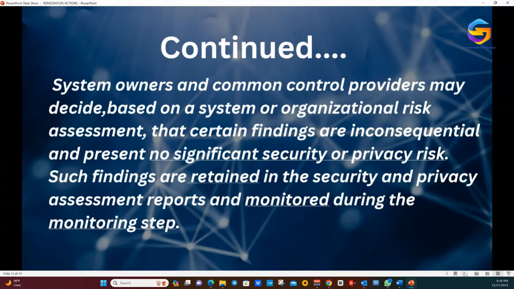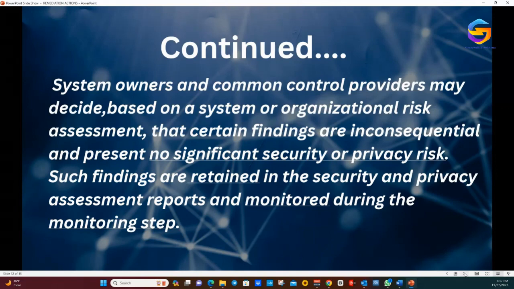System owners and common control providers may decide based on a system organizational risk assessment that certain findings are inconsequential and present no significant security or privacy risks. Such findings are retained in the security and privacy assessment report and monitored during the monitoring step.